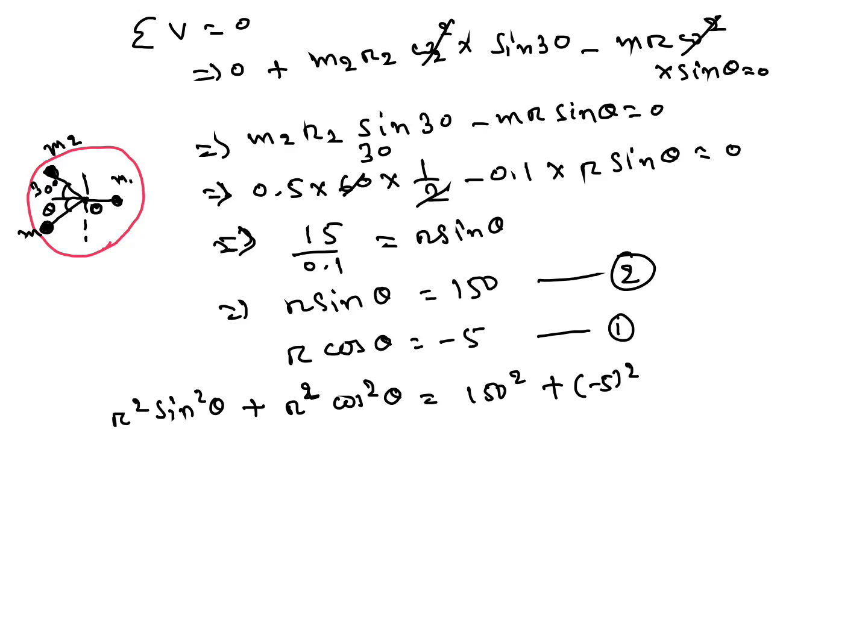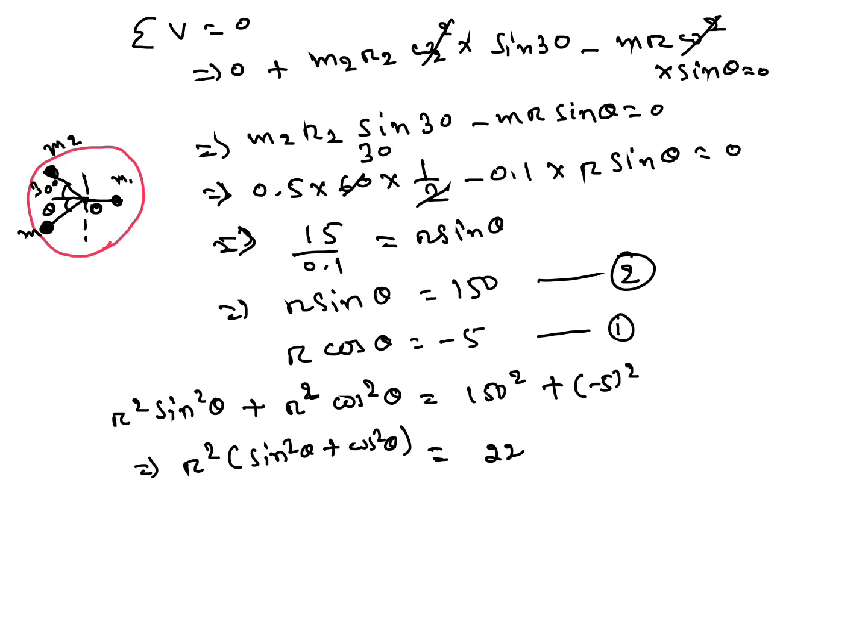Take r square common, sin square theta plus cos square theta. 15 square is 225, then double 0, 5 square is 25.